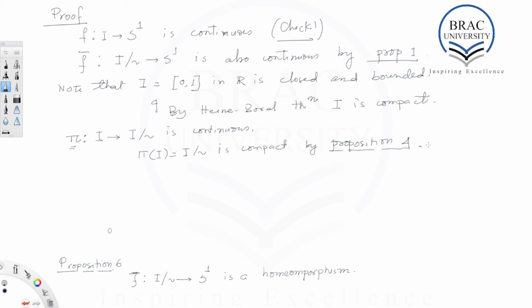Now it should also be obvious, intuitively even more obvious, that f bar from this quotient space to S1 is a bijection.